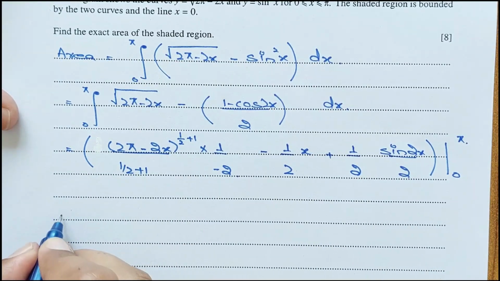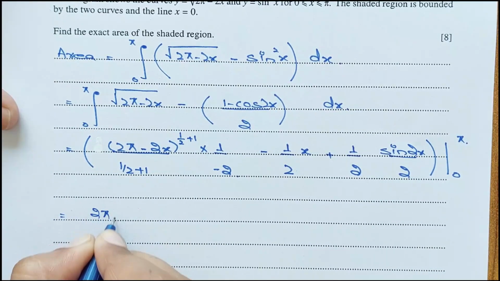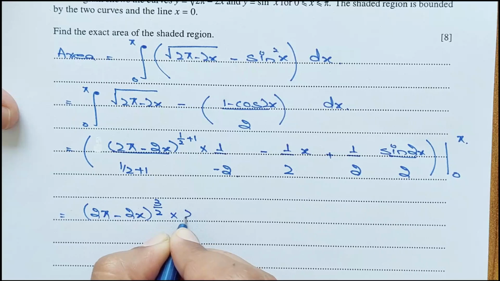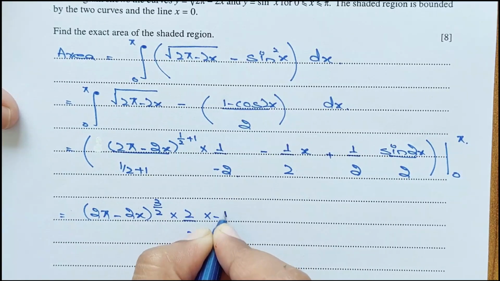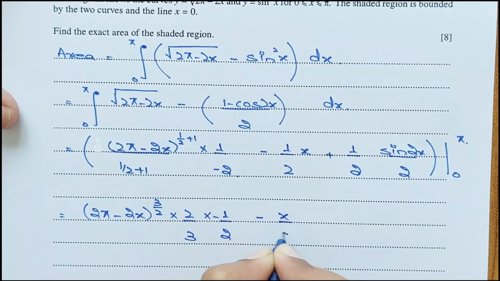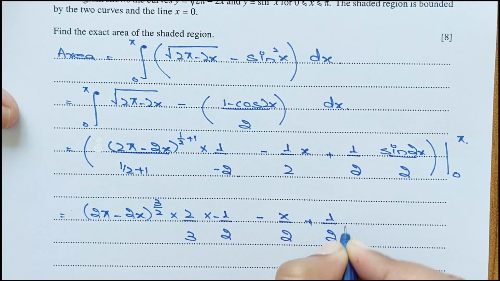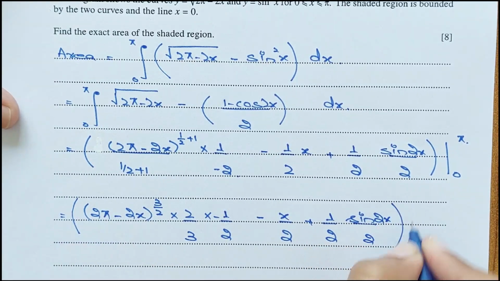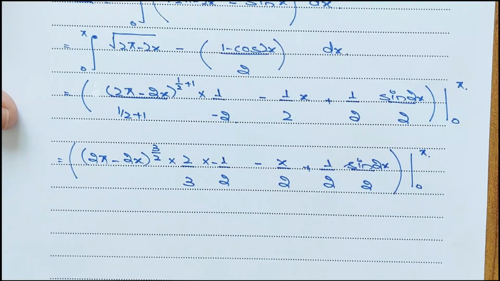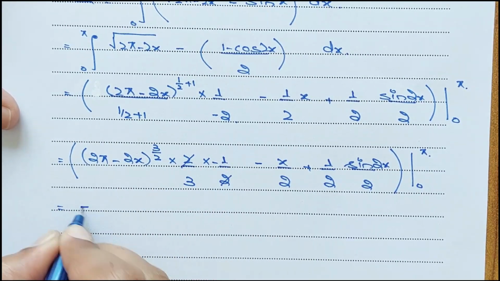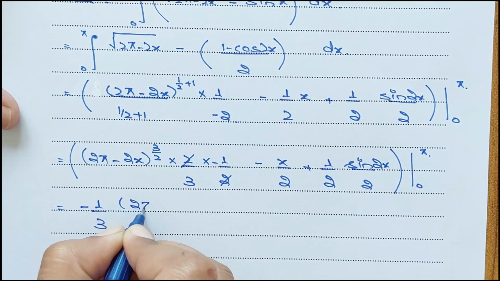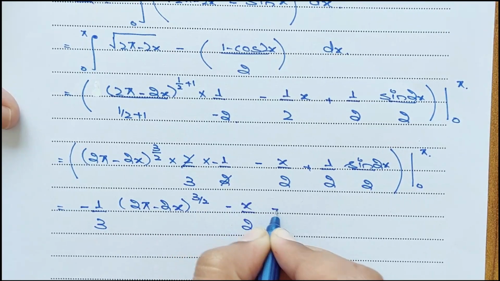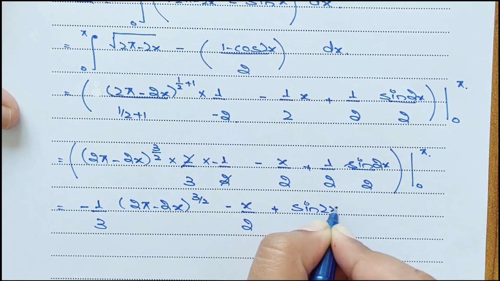Right, so here we have 2 pi minus 2x, its power is 3 by 2, denominator is also 3 by 2, so we can do 2 by 3 times minus 1 by 2 minus x by 2 plus 1 by 2 sine 2x over 2, from 0 to pi. Right, 2 is cancelled with this 2, so minus 1 over 3, 2 pi minus 2x, power 3 by 2, minus x by 2 plus sine 2x over 4.